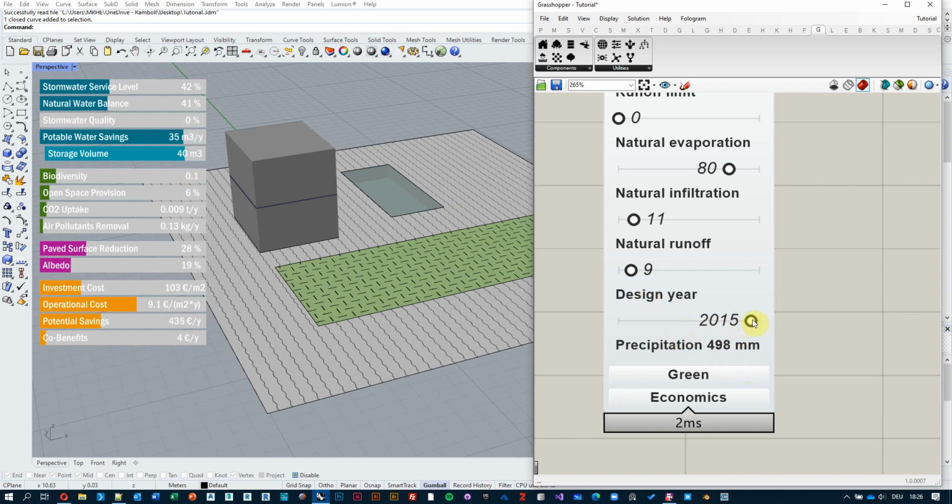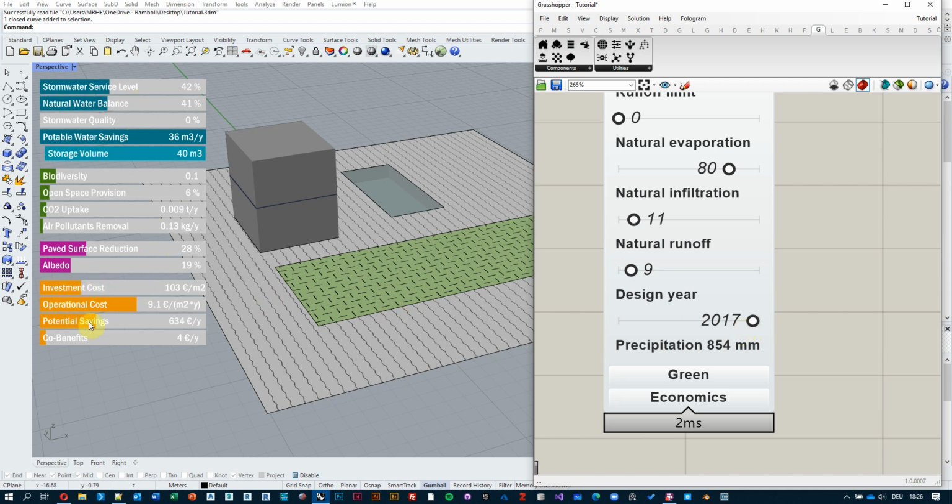And let's try and find a more humid year over here, which would probably require less storage volume to achieve the same numbers. So it's a balancing act, trying to find the best components over here, matching that.